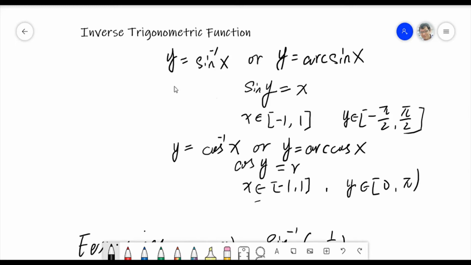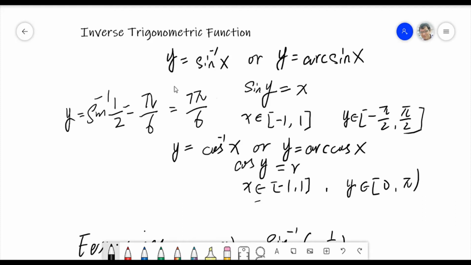Let me give an example. Take sine y equals 1/2. This y can equal pi/6, right? Can we also make it 7 pi/6?